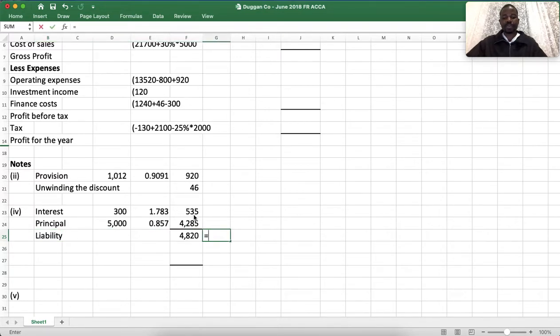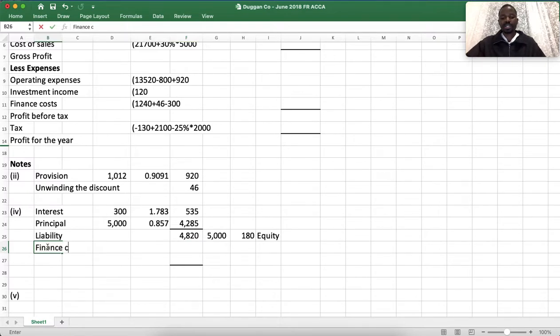If we want the equity component, the loan acquired was for 5 million, so we'll say 5 million less the liability. So the equity component will be 180,000.